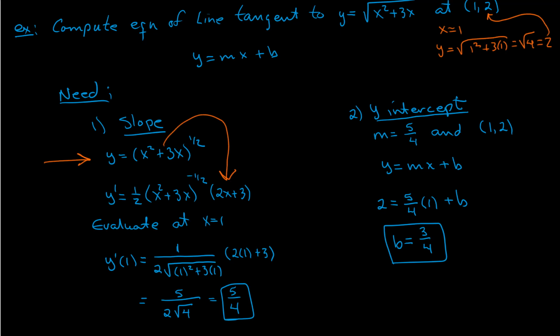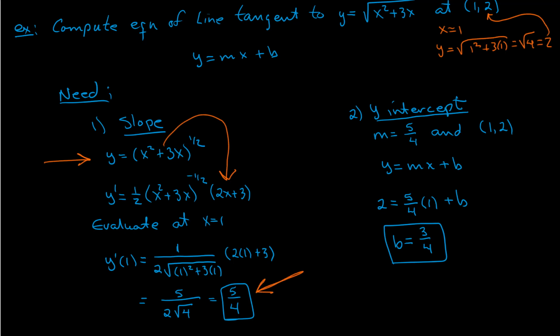I'm going to have 1 over 2 times the square root of x squared plus 3x, because the exponent is negative 1/2, so it goes in the denominator. In place of x, I'm putting 1. So it's going to be 1 squared plus 3 times 1. The second part is going to be 2 times 1 plus 3. Simplifying this, we wind up with the slope having a value of 5/4.